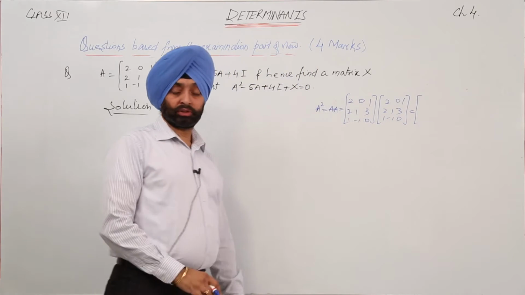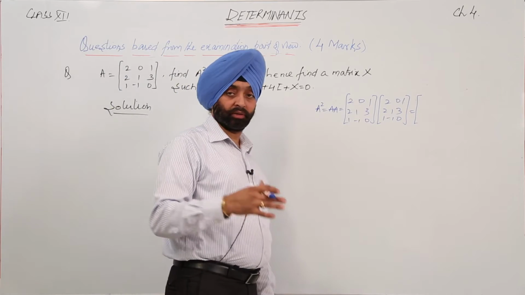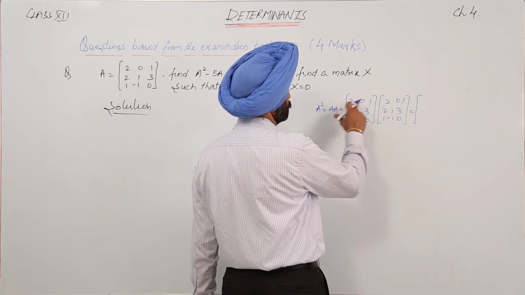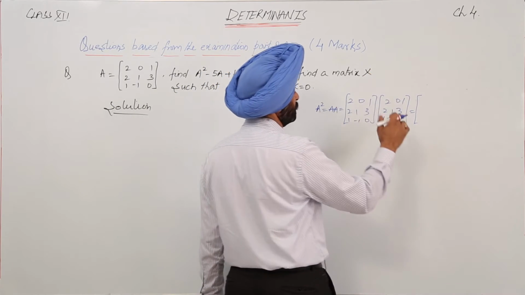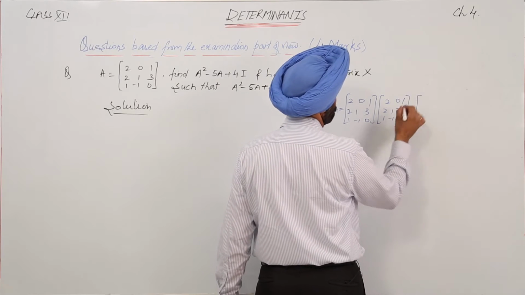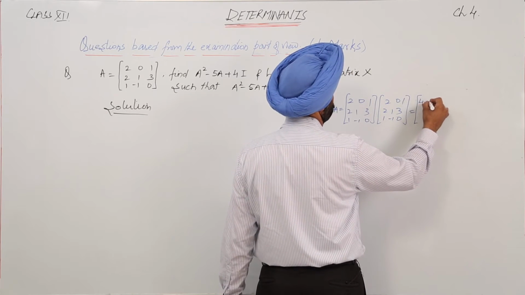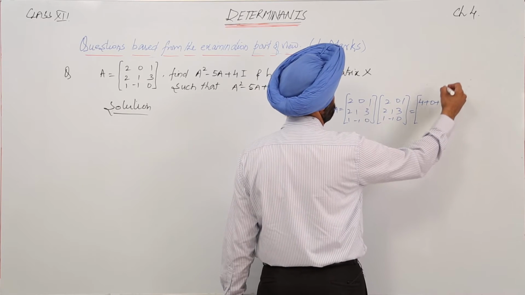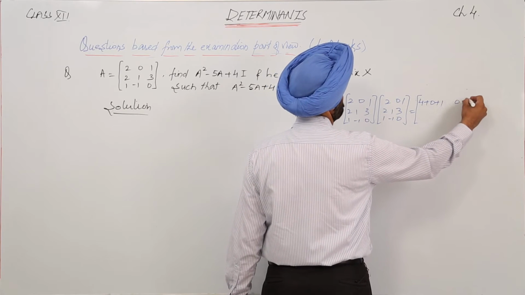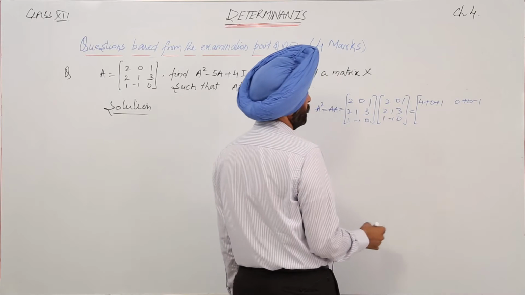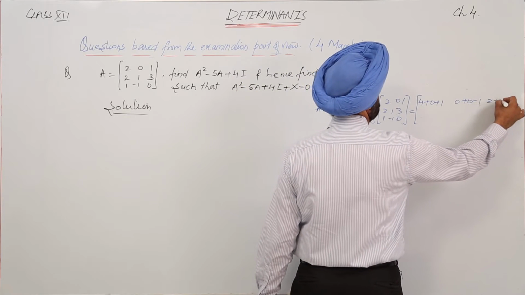Now first row, first column; first row, second column; first row, third column. 2 with 2, 0 with 2 and 1 with 1. So we have 4 plus 0 plus 1, then 0 plus 0 minus 1, and then 2 plus 0 plus 0.